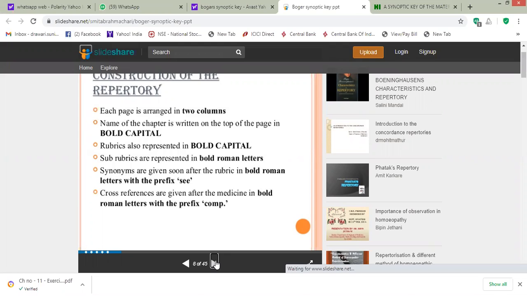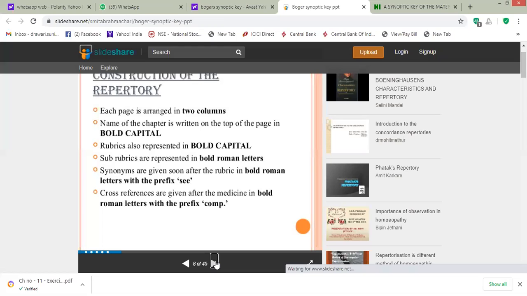So remember, two types of typography are used for writing the rubrics: the bold capitals are rubrics, and the bold Roman letters are sub-rubrics.